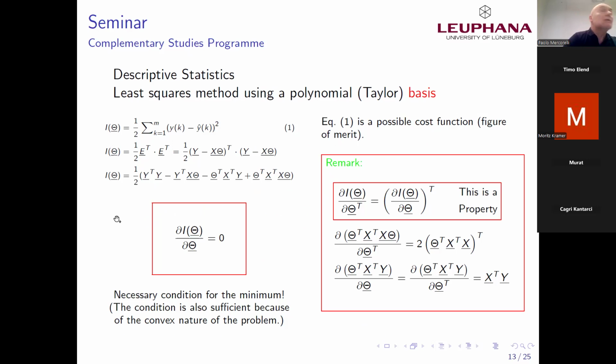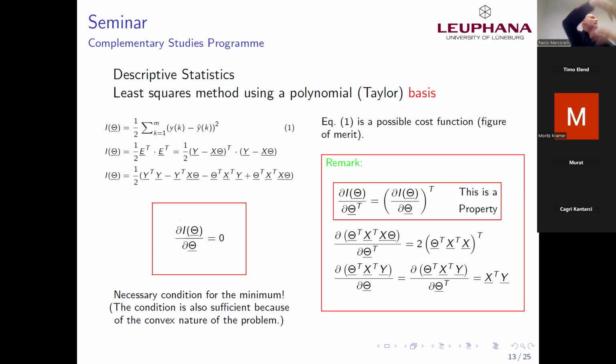Now, if you remember from high school, we didn't consider an optimization problem, or not in this sense, but we found the minimum of a convex function. If you know that the function is convex, it is enough to calculate the derivative of this function with respect to the variable. In this sense, the variable is theta. It's complex here, in the sense that theta is a vector, but basically it depends on many parameters, A0, A1, AN.